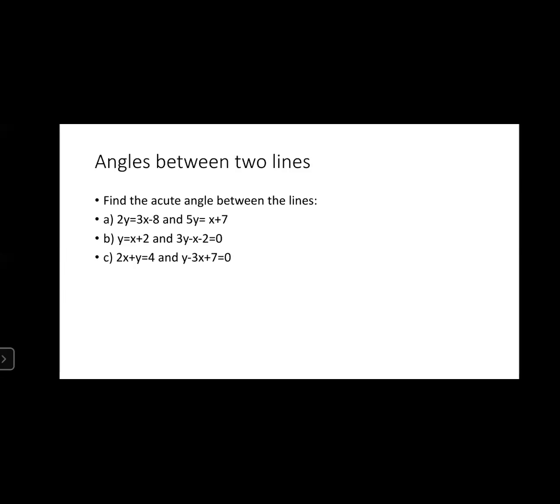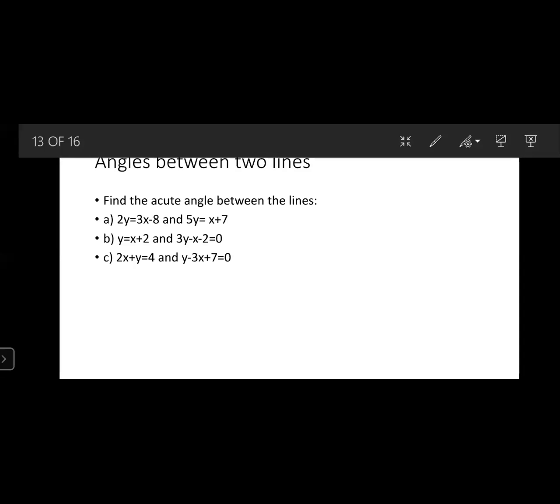The first way is that in vectors, we have been taught the dot product, A dot B equals to magnitude of A multiplied by magnitude of B cos theta.